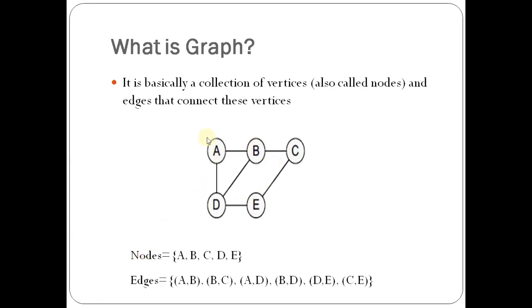The set of all nodes is A, B, C, D and E, and the edges are edge AB, which connects the two nodes A and B, then edge BC, which connects B and C, and so on. So in the given example there are 5 different nodes, and the edges are AB, BC, AD, BD, DE and CE. There are 6 edges in this example.